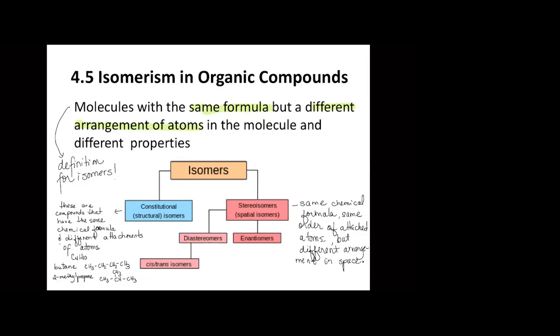When it comes to the stereoisomers, as you can see, we are going to have two major families, diastereomers and enantiomers. Okay, so what is a diastereomer?